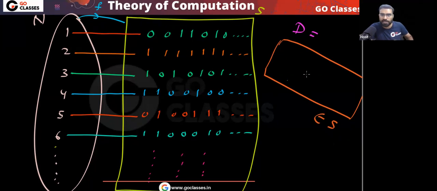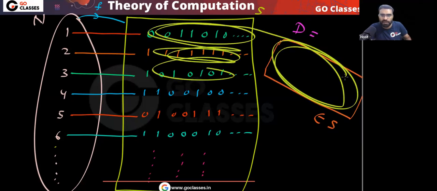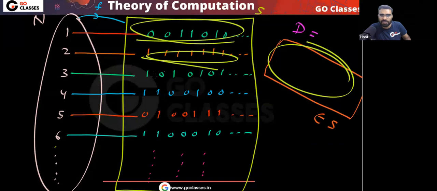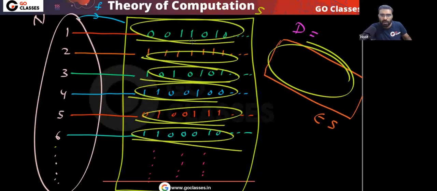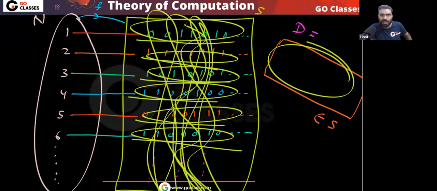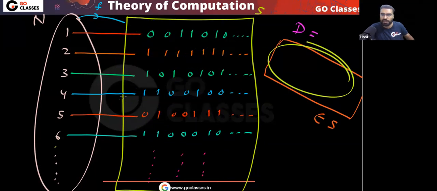Not covered here means this element will be different from this element, different from this, different from this. So it will be different from every element in this list. So how to create it?